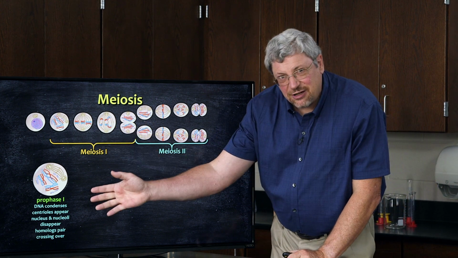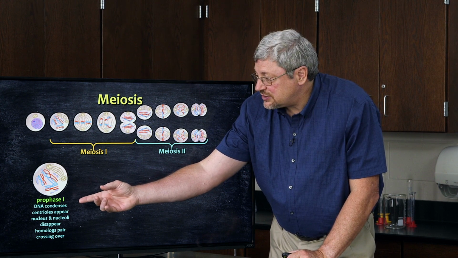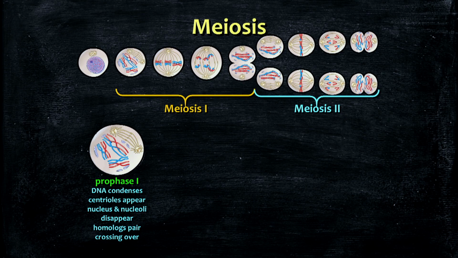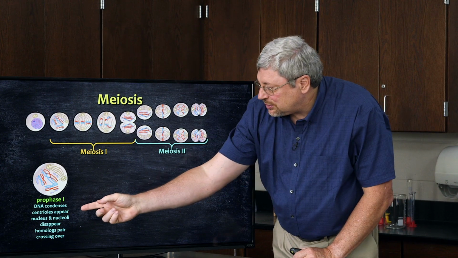Prophase 1 is very, very similar to prophase in mitosis. Our DNA condenses, so it's going to be made into that skein form, that hot dog shaped form, and thus it appears under the microscope for the first time. Centrioles appear on each end of the cell. They're going to be the place to which all the cell components are going to be pulled.